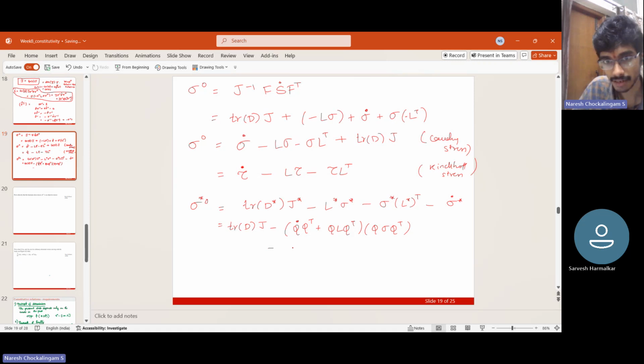From the third term we get Q sigma Q transpose, Q dot Q transpose plus Q L Q transpose, plus sigma dot star. Sorry, this is plus.